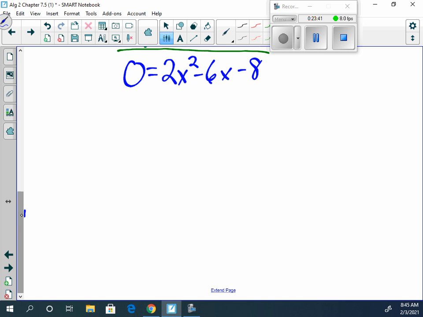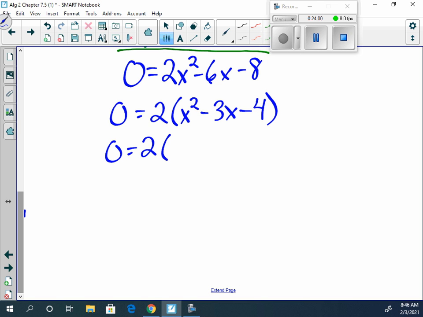Well, before we get too far into factoring, what do we know? Various common factors of 2.